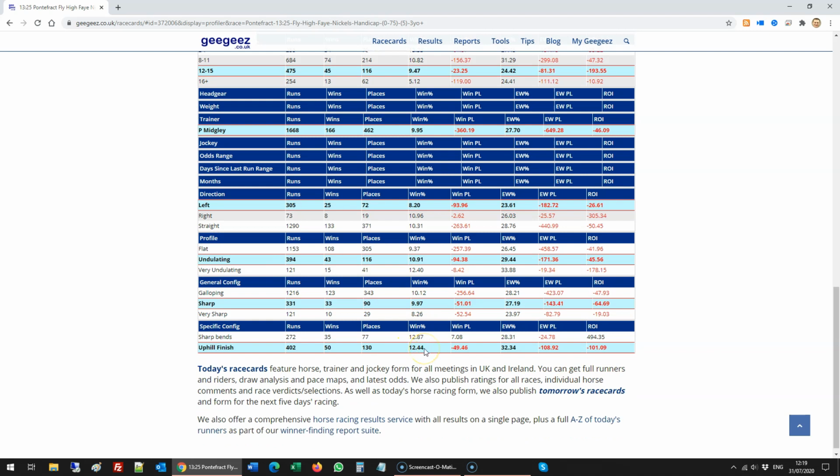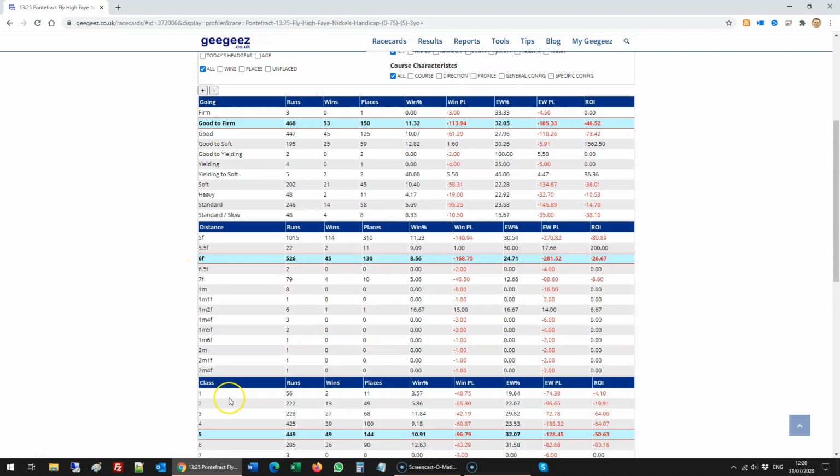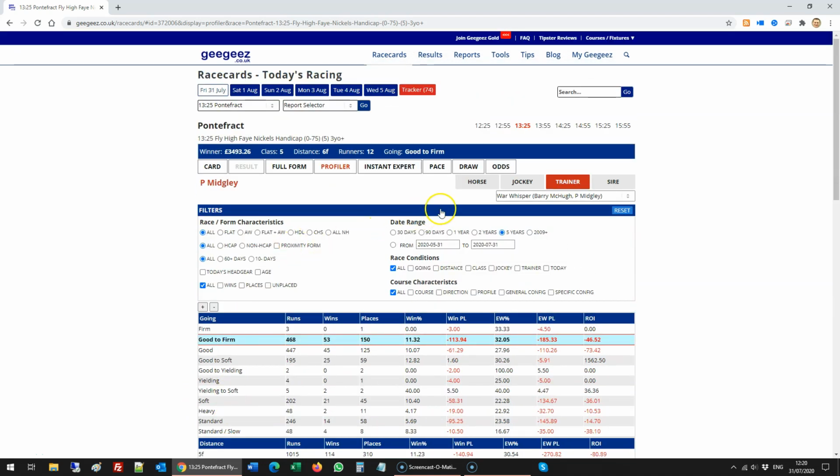An uphill finish, sharp bends, nothing really there either, but this is probably not the best example to tease out something from the course configuration. But these 4 components at the bottom are certainly something that is of interest to me in relation to trainer and sire. Let's come on to sire now.